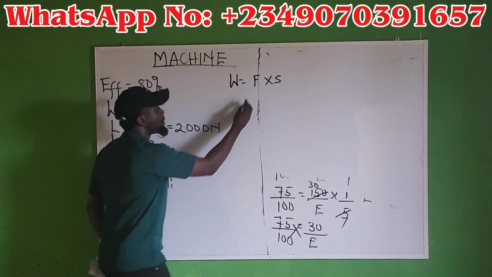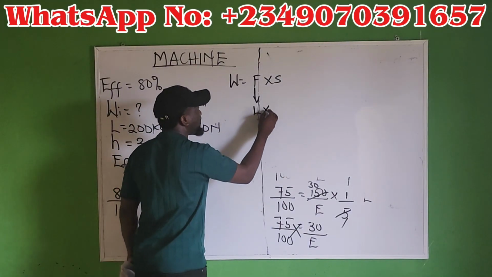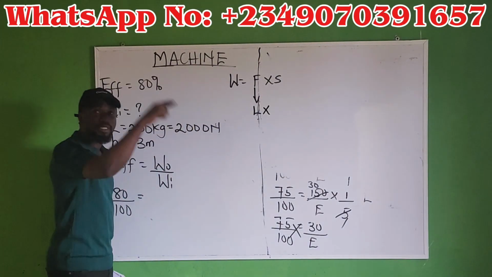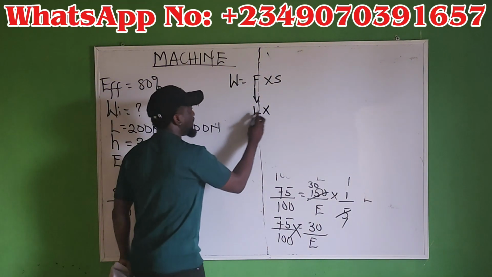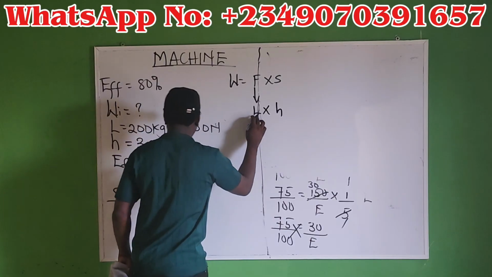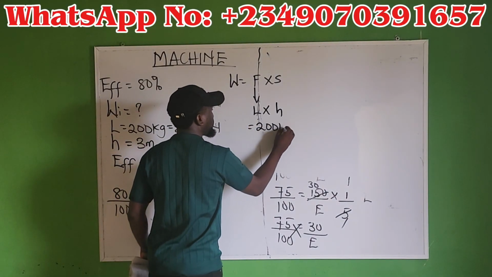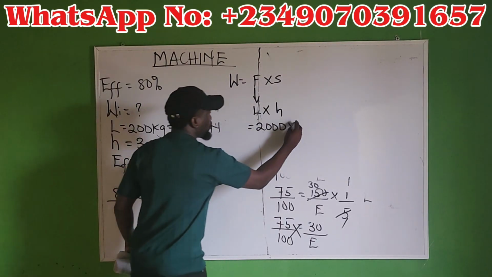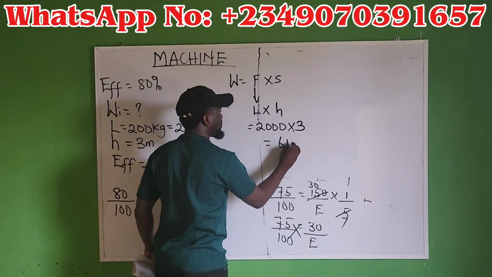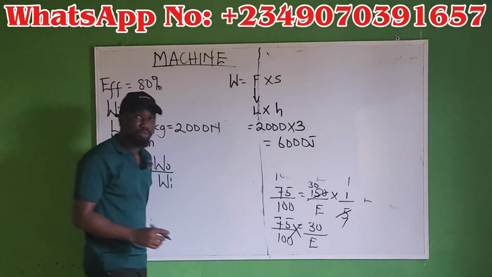So in this case, the force is the load, multiplied by the distance, in this case the vertical distance. So that's L times H. What is the load? Load is 2,000. So 2,000 multiplied by H, which is 3. So 2,000 times 3 will give us 6,000. If I want to write the unit, that is 6,000 joules.